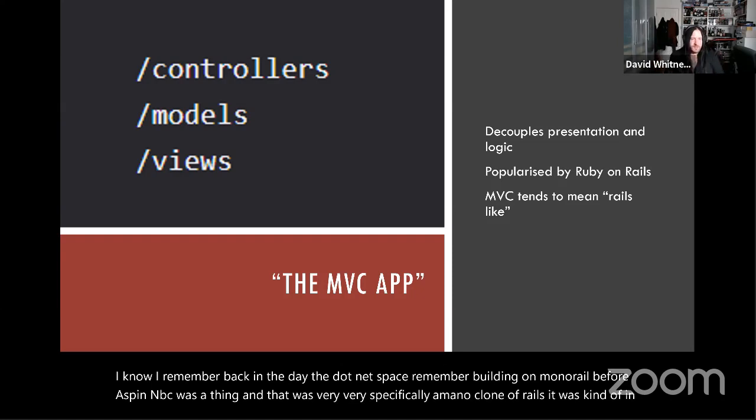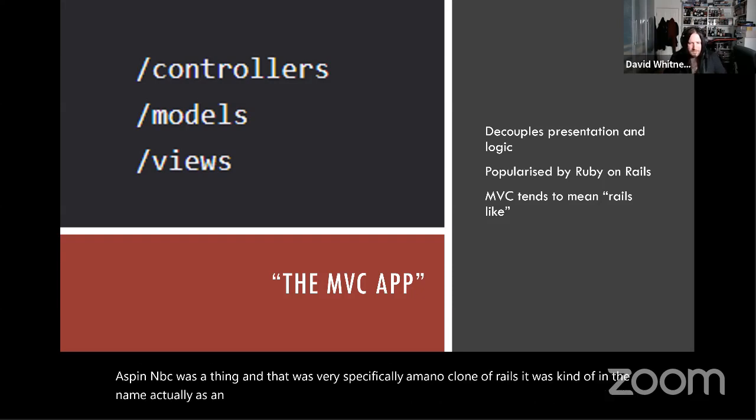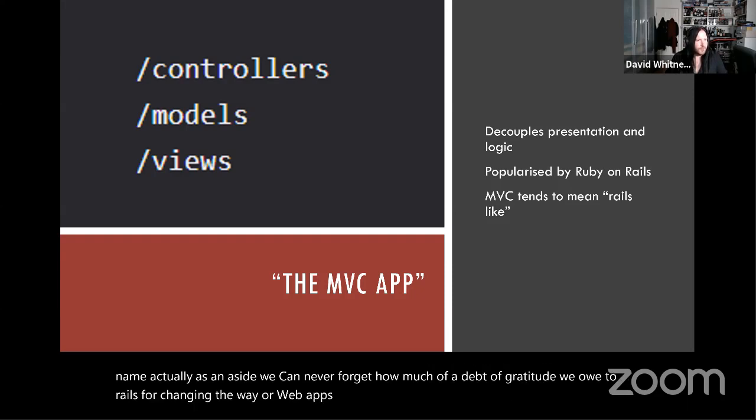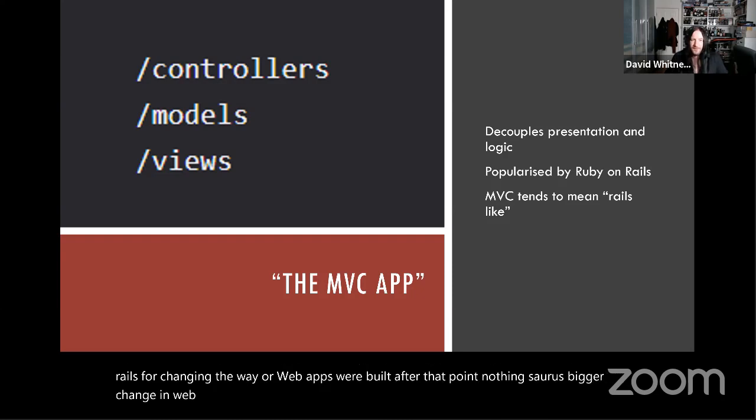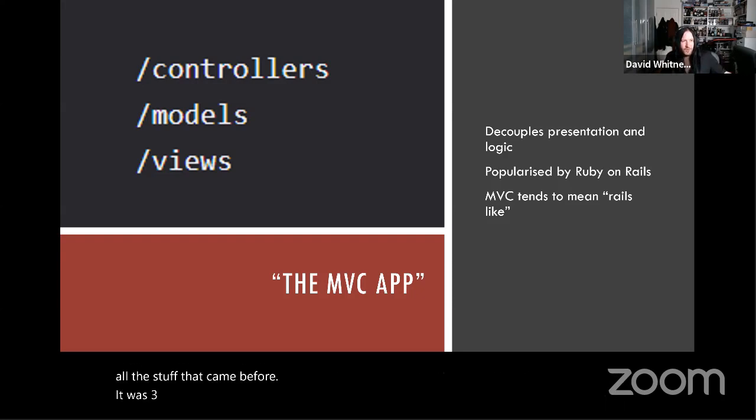And actually, as an aside, we can never forget how much of a debt of gratitude we owe to Rails for changing the way all web apps were built after that point. Nothing saw as big a change in web dev as Rails. You don't have to love Ruby, you don't even have to like Rails to appreciate that all the stuff that came before was like three orders of magnitude more hot garbage than all the stuff that came after.